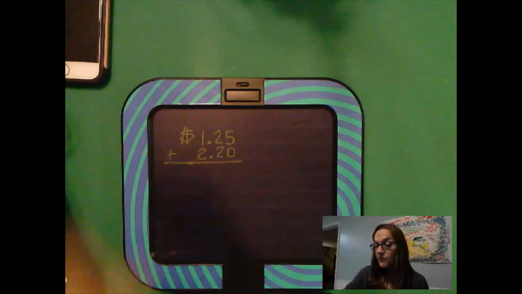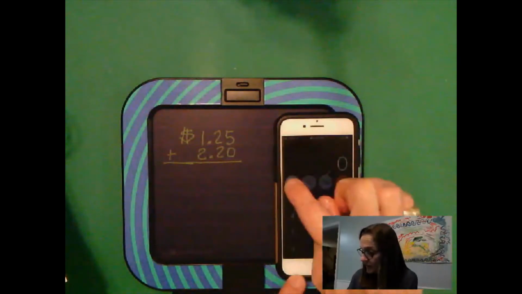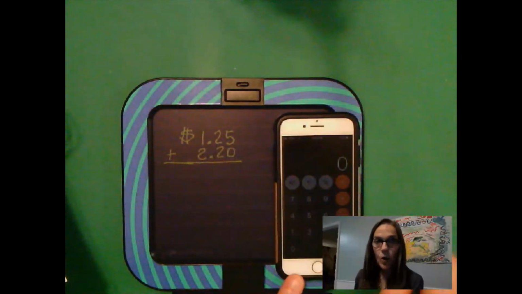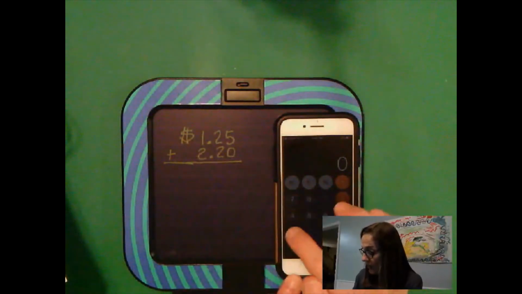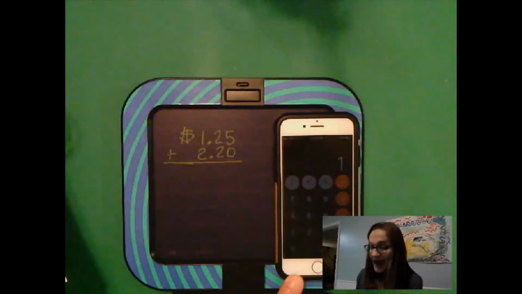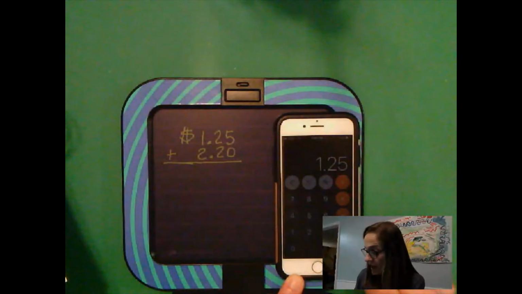Okay, so if we're doing that on a calculator, then we will put the period or the decimal in, and we would say $1 and the decimal kind of means and 25 cents plus $2 and 20 cents.